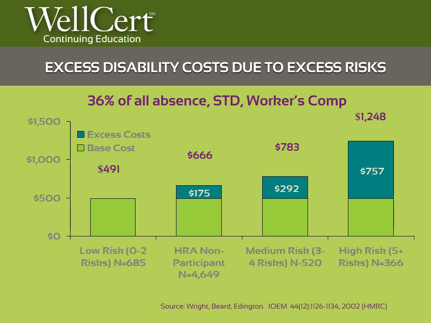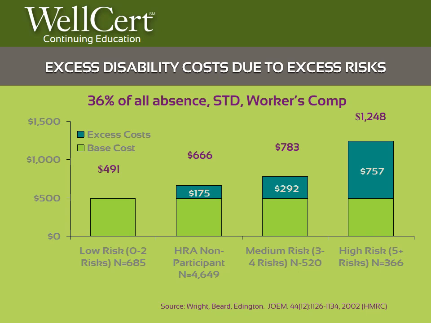So if they were low risk, 0 to 2 risk, that set the amount at $491 as a base cost. We then saw an increase in excess coming from the individuals who were non-participants. That's kind of a way of looking at the people who are not even letting us find out what their risk factors are. And then if they were medium risk, they had 3 to 4 risk, it went up to 292.